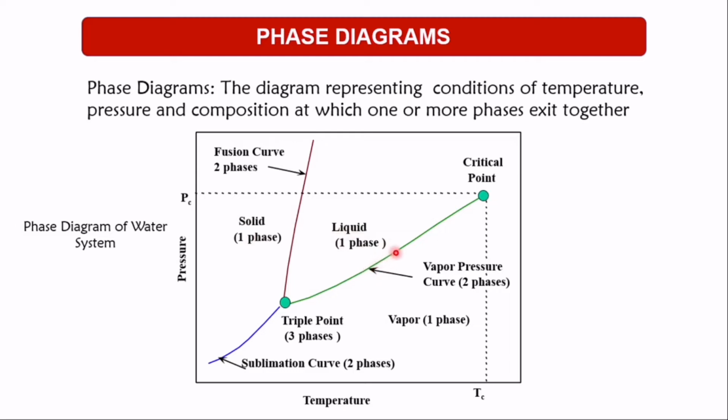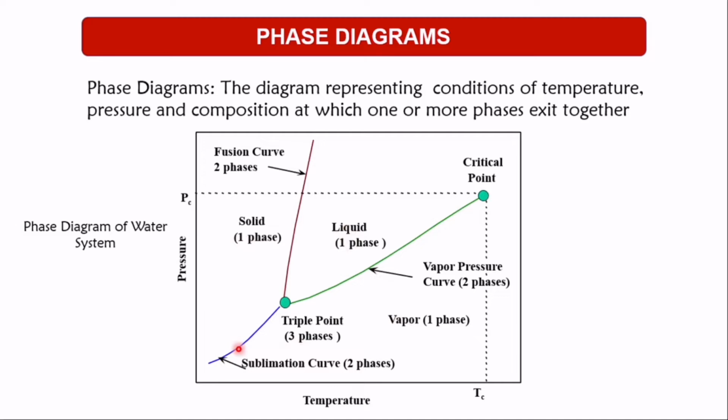This vapor pressure curve also has two phases, the liquid phase and the vapor phase. But at the triple point, there are three phases: the solid phase, the liquid phase, and the vapor phase.